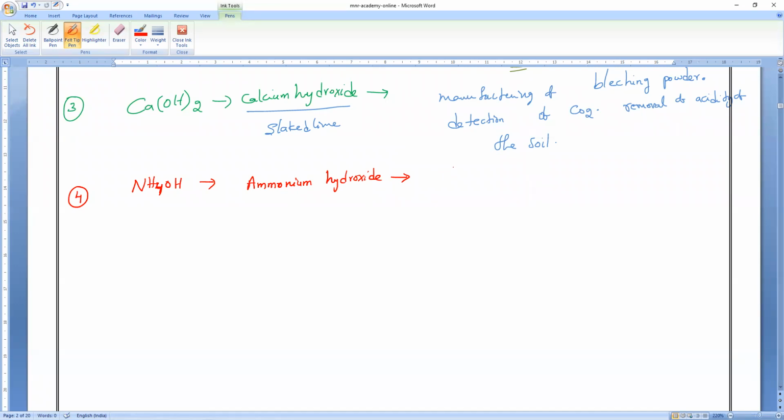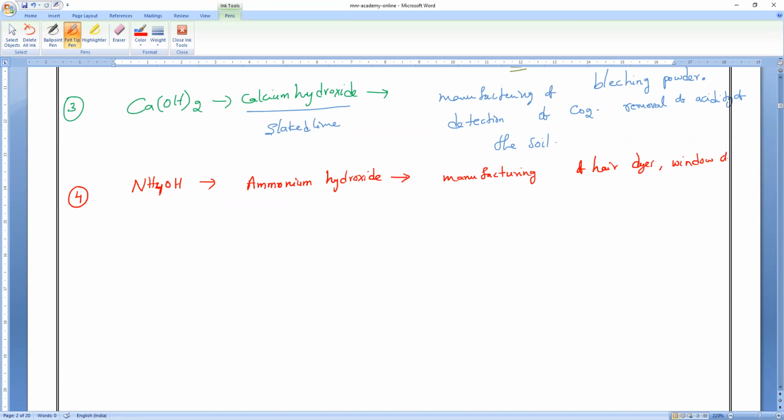Ammonium hydroxide is used in manufacturing hair dyes. You know, all colors, hair colors, we people keep, correct guys? So that is manufacturing of hair dyes. Next, window cleaners and removal of stains. If you go to offices and hotels, you can see them cleaning the windows.